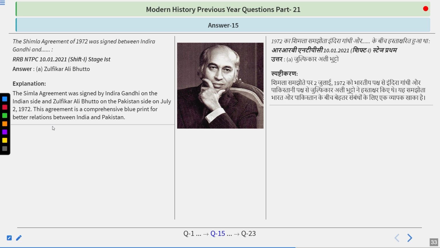And particularly, this treaty helped Zulfikar Ali Bhutto in gaining the confidence of his people in Pakistan. This was signed between Indira Gandhi, the Prime Minister of India at that time, and Zulfikar Ali Bhutto. So remember that.